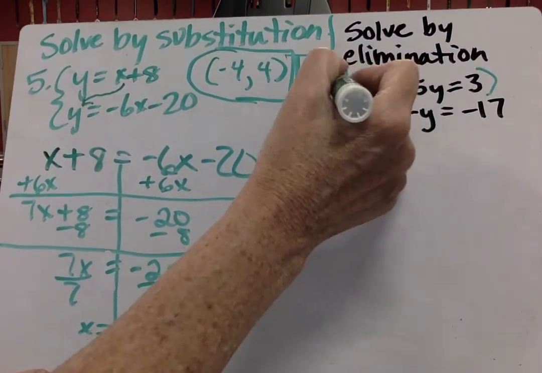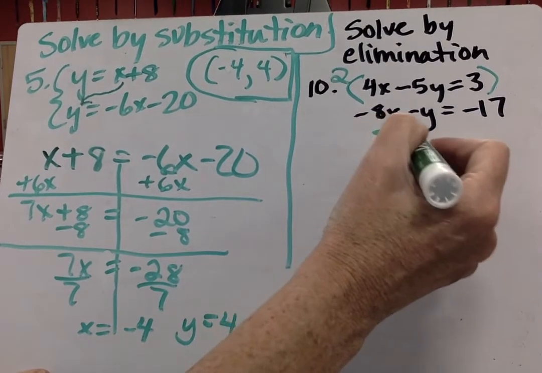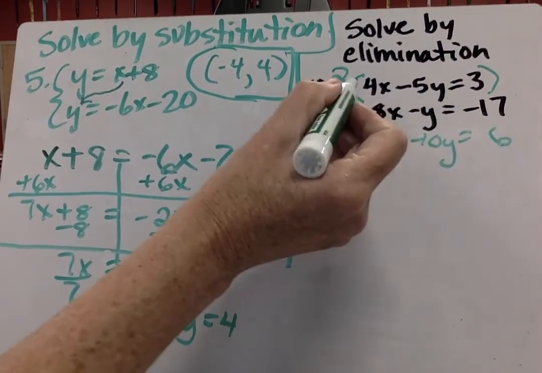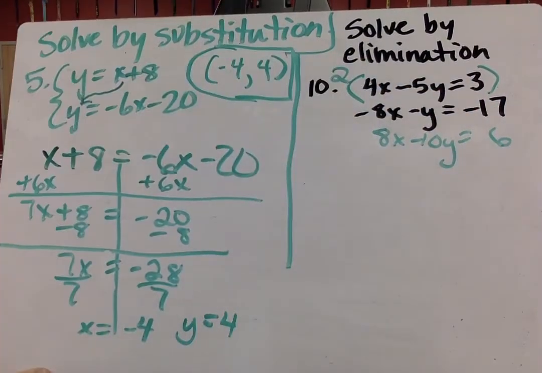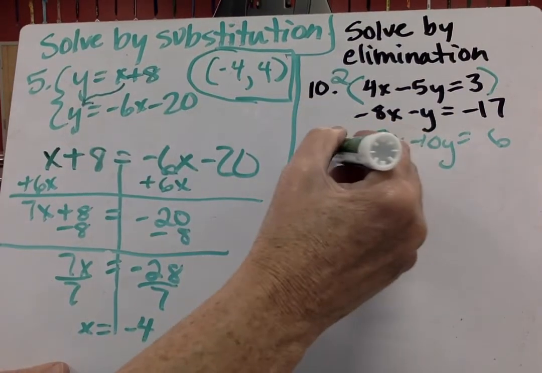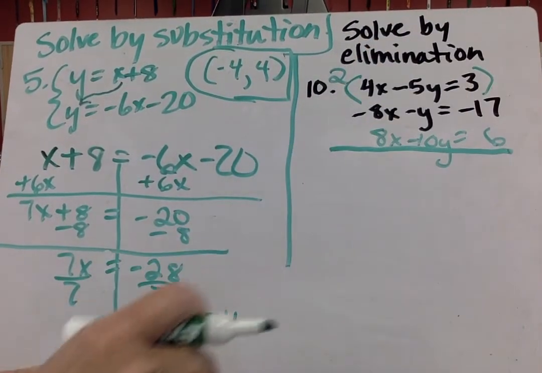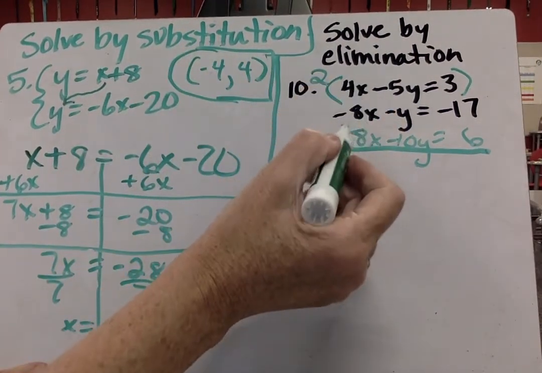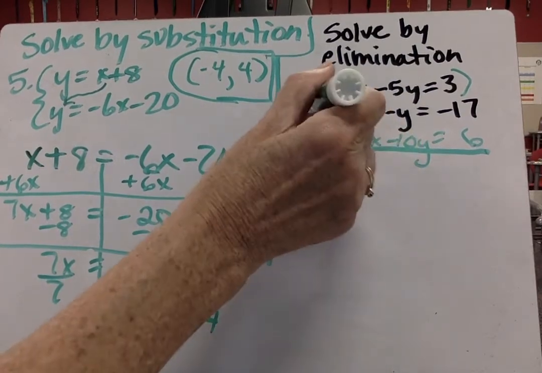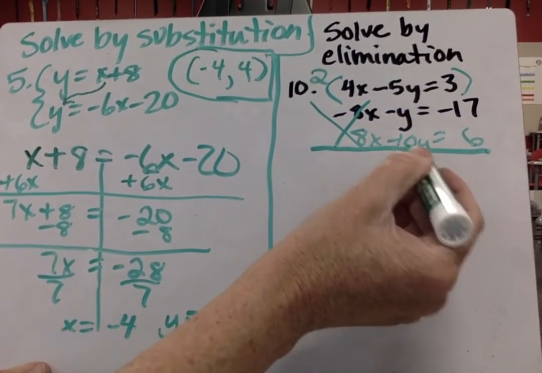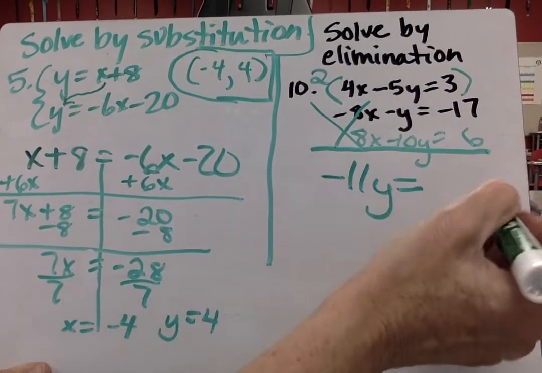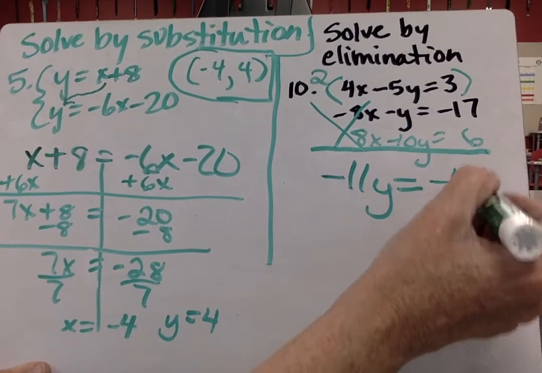So if I multiply this by 2, we get 8x minus 10y equals 6. Again, every term in here needs to be multiplied by that 2. Okay? Then I'm going to add them straight down, and that will eliminate a variable. So negative 8x plus 8x, I can say goodbye to that. Negative y minus 10y, negative 11y equals negative 17 plus 6, negative 11.